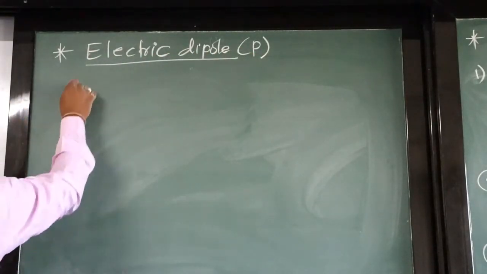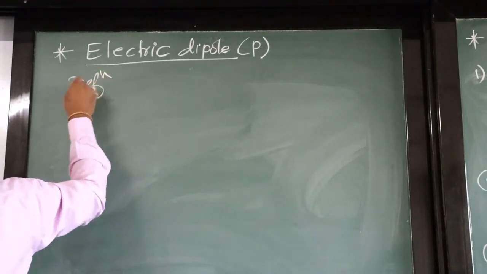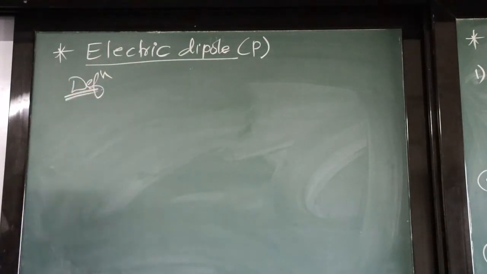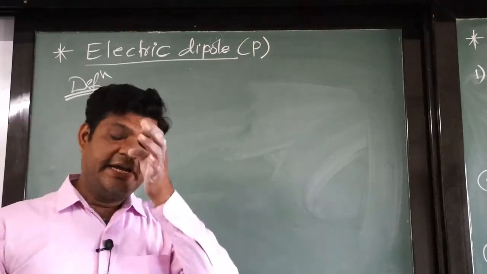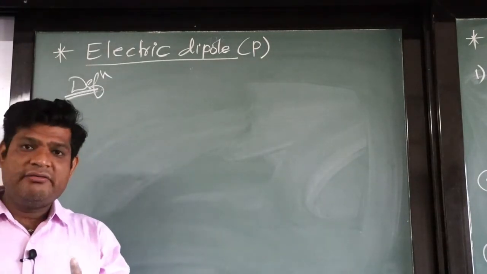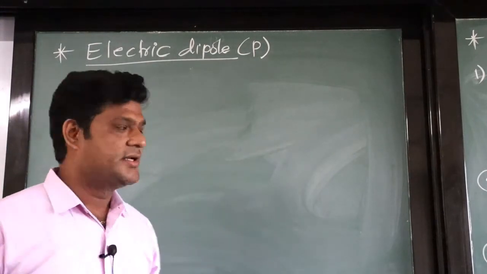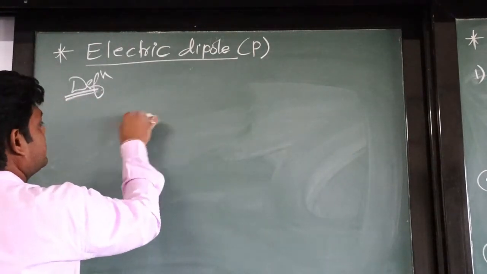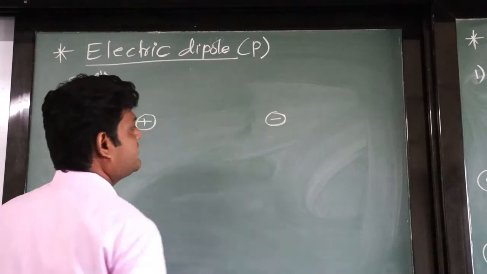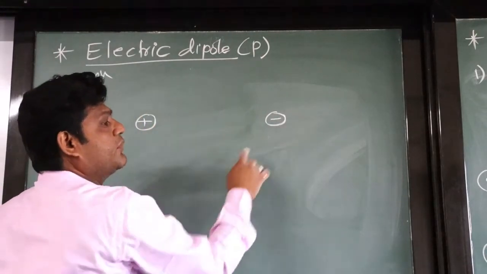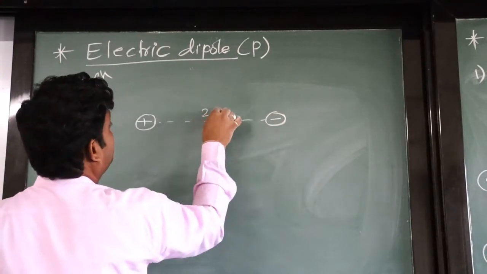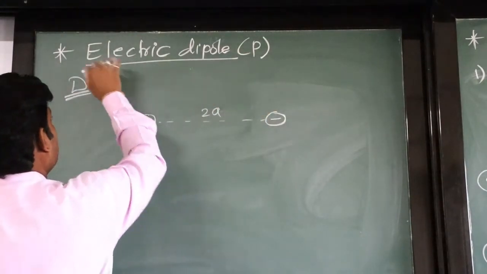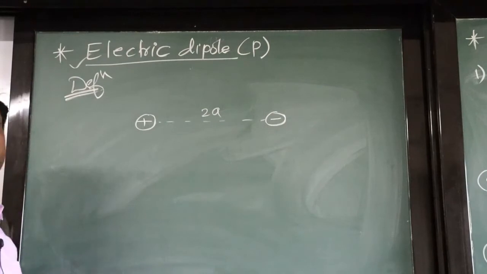First of all, we will see the definition of electric dipole. So what is an electric dipole? It is a system of two equal and opposite charges, plus q and minus q, separated by some distance 2a. This system is known as an electric dipole.